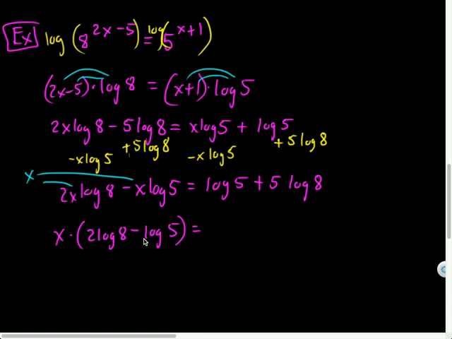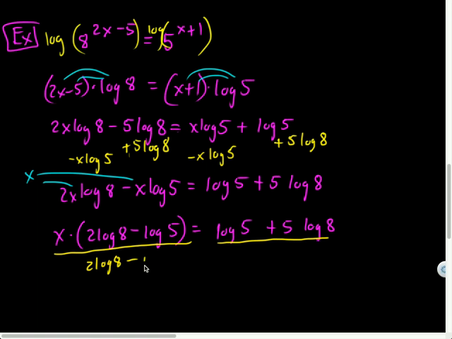So how could I get x by itself? Divide, right? This big thing is just some number. So let's divide by it. 2 log 8 minus log 5.